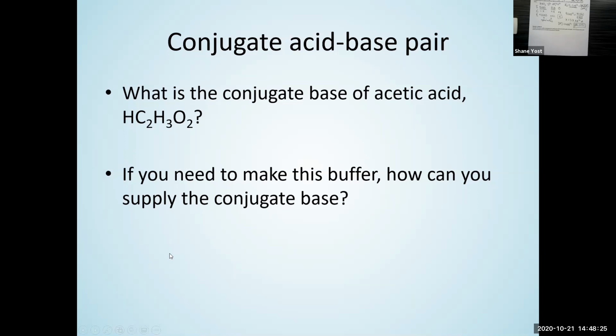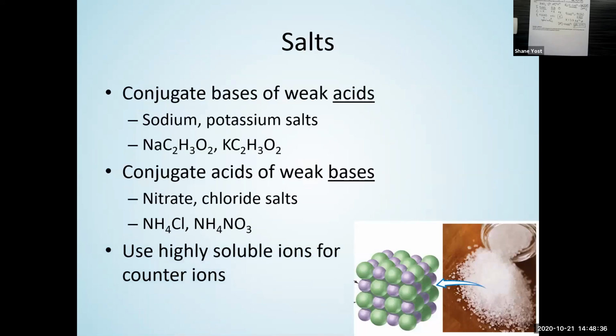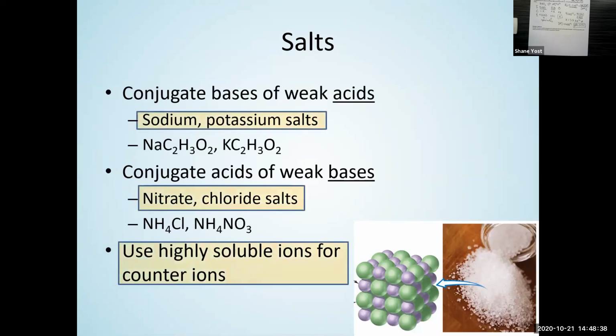So to make a buffer solution, a lot of times you'll just add a weak acid with a salt that contains the conjugate base. Often we'll use potassium or sodium salts, or nitrate or chloride salts, to add the conjugate base or conjugate acid into our solution.